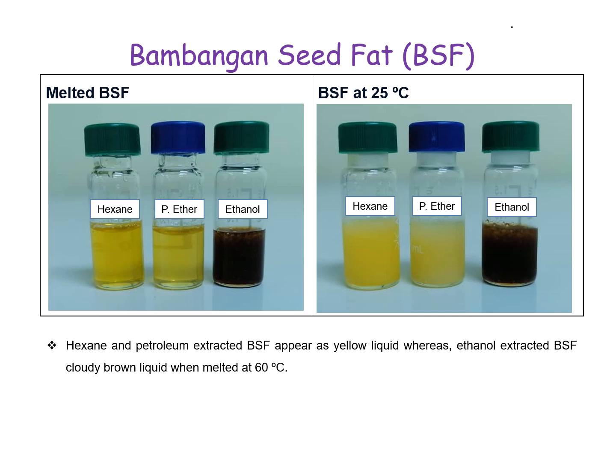The extracts then turned into a yellow and brown solid fat when we left them at 25 degrees. So this indicates that the Bambangan seed fat has more saturated fat that solidifies at ambient temperature.